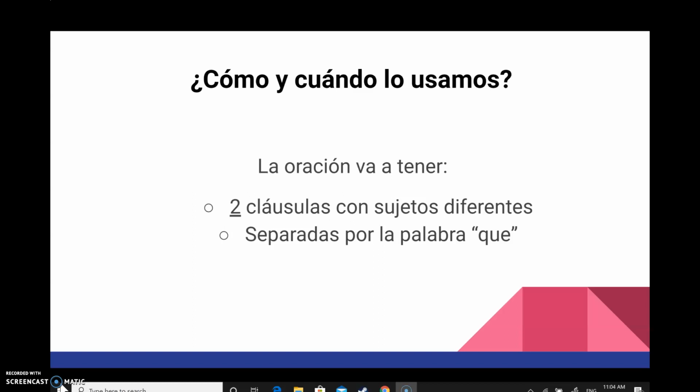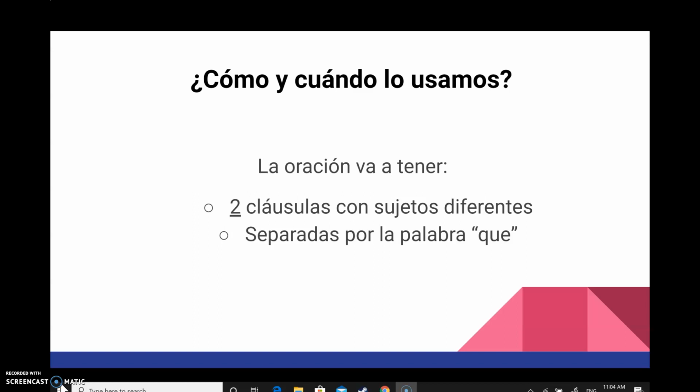But the basic things to know, if you're looking at the skeletal notes, which hopefully you are, that number one, la oración, the sentence, va a tener dos cláusulas con sujetos diferentes. So it's very important for you to realize that these are not simple sentences anymore with which we're working. You have two separate clauses, and each clause has to have a different subject.